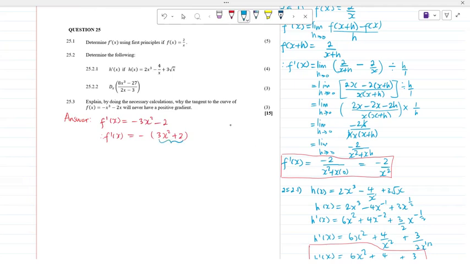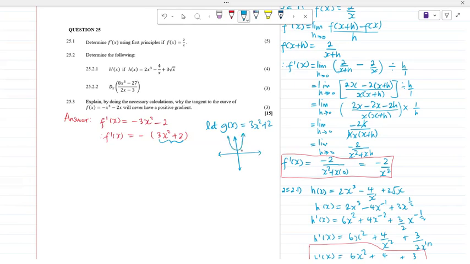Let g of x equal 3x squared plus 2. This quadratic function has a turning point and y-intercept at (0, 2). So this is how the function is going to look.